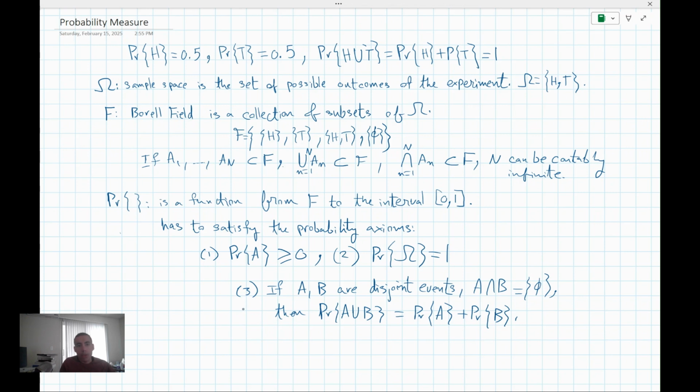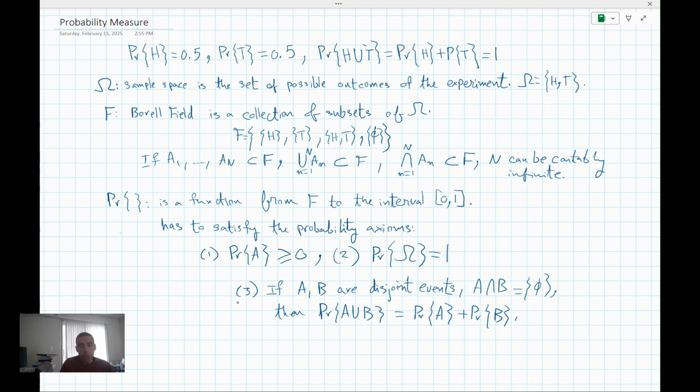So to summarize, we want to define a notion of probability. To do that, we had to define a sample space, which is the set of all possible outcomes of the experiment. Then we had to define the Borel field, which is a collection of subsets of omega. This allows us to then assign probabilities to those subsets.